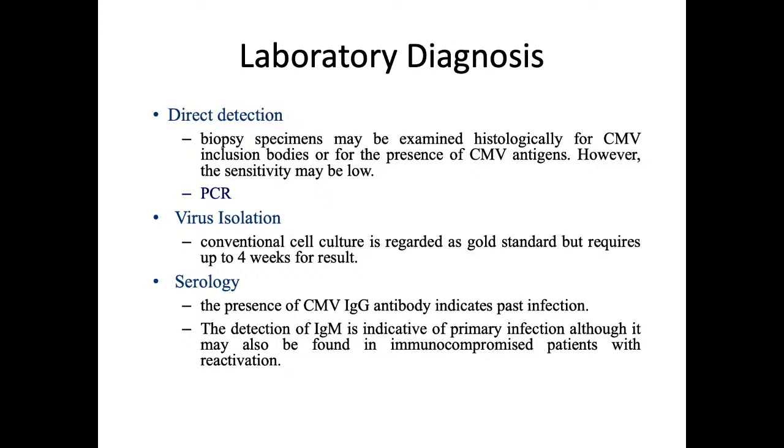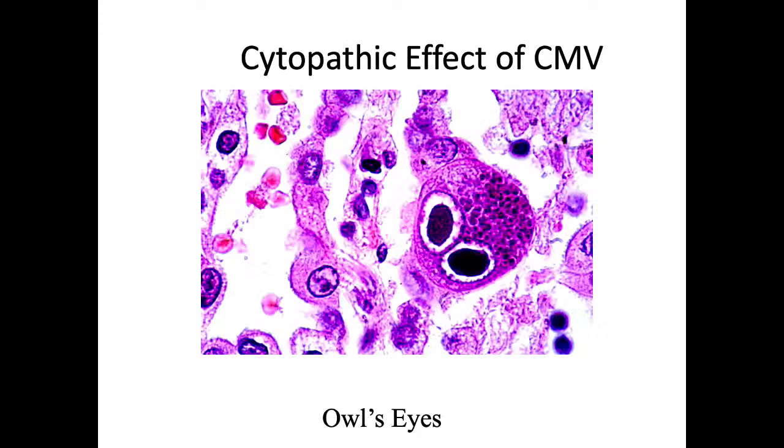We can take biopsy specimens and observe these owl's eye cells. Yeah, like this, owl's eyes. These are two cells fused, so you see two nuclei and an owl's eye appearance.